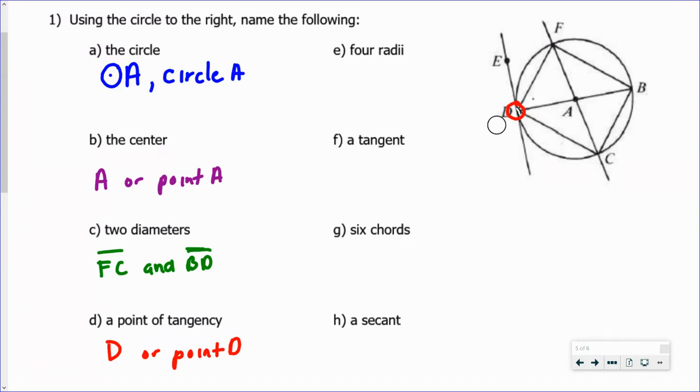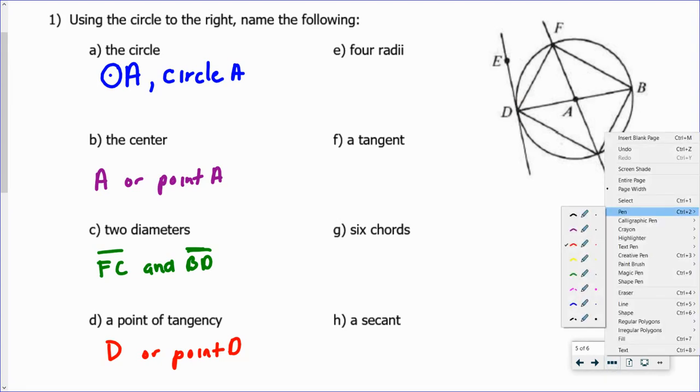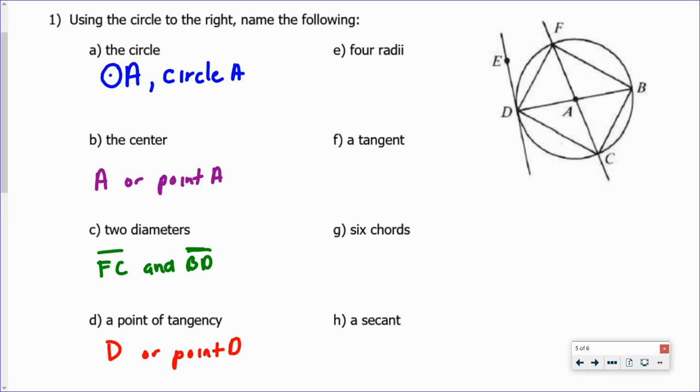Okay, next we'll go up to letter E. We're asked to name 4 radii. So remember, a radius of a circle extends from the center point to any point that's on the circle. So I see 4 radii in this diagram. So here's the center. This would be one radius from A to B. Another would be from A to C, so segment AC.